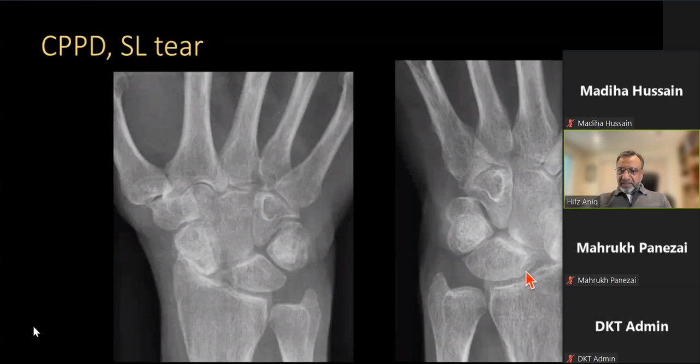But the rest of the radius is okay. Even on the opposite side, the same thing. Radius scaphoid osteoarthritis is SLAC, but this part is really okay. So this is a very typical appearance of CPPD.